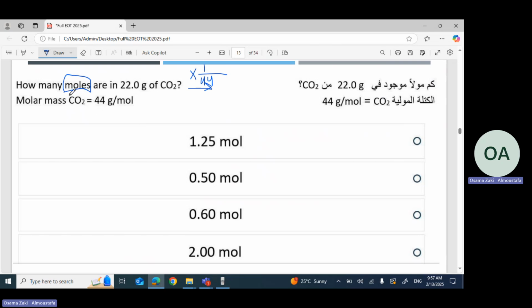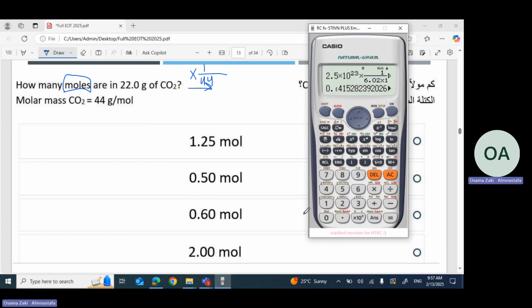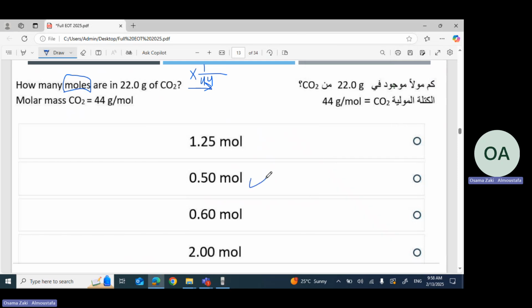So this is the molar mass, and this is the mass. Let's check the answer. We have 22 times the fraction 1 over 44, equals 0.5, so we choose 0.5 mole.